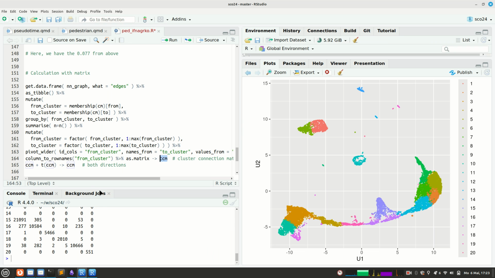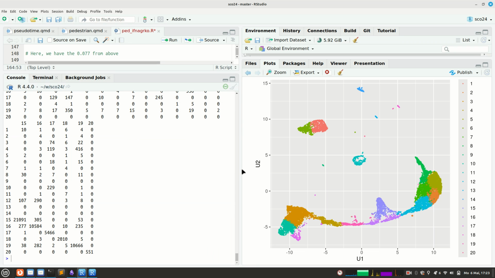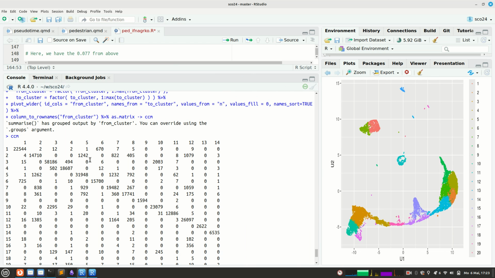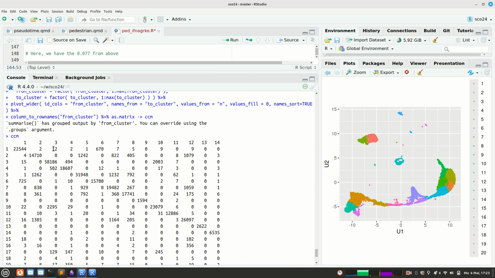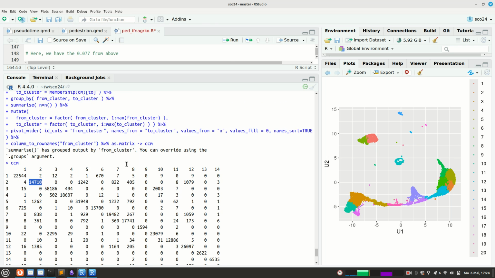This is my matrix, which tells me all the connections from each group to every other group. It tells me there are 12 edges connecting a cell in cluster 1 with a cell in cluster 3, and 1,200 connections between cluster 2 and cluster 5. And of course, there are 22,000 connections within cluster 1, 13,000 within cluster 2, and so on.